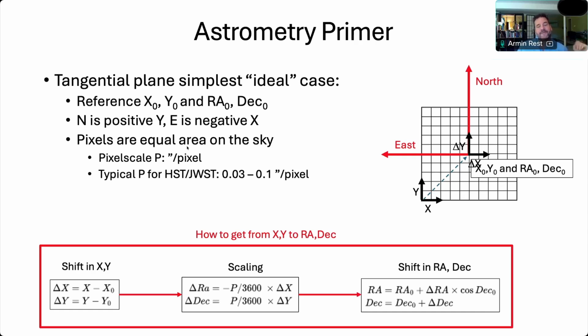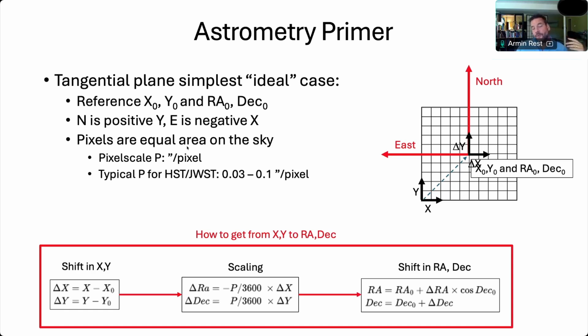So how do we get from XY to right ascension and declination? In the simplest case, the first thing we want to do is convert the XY coordinates to an XY coordinate system centered on the center of the detector. This is just a simple shift: we subtract x0 and y0, where x0 and y0 are the coordinates of the center of the chip.